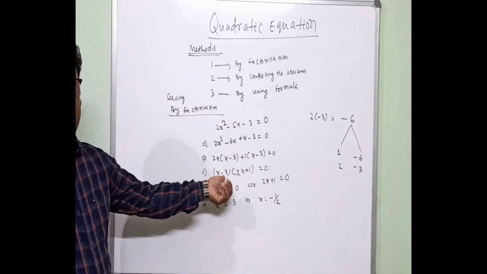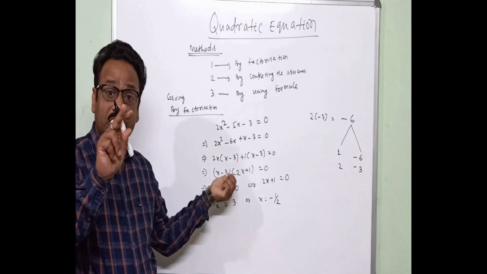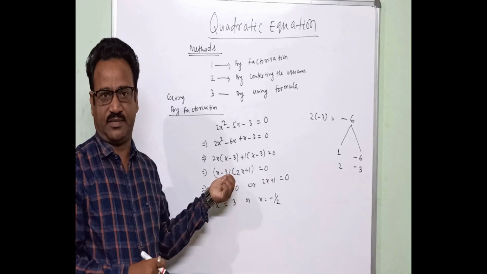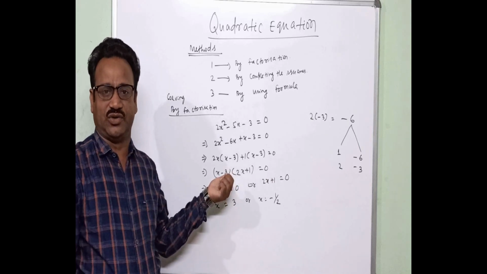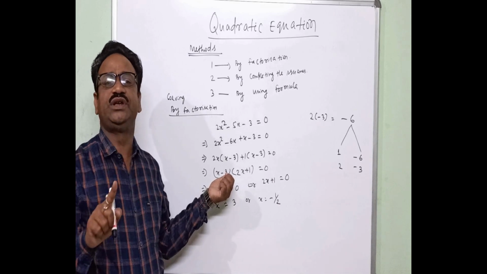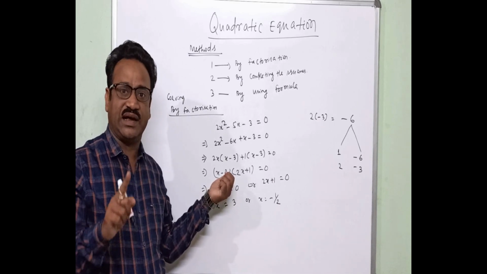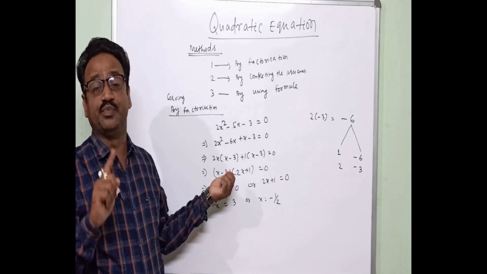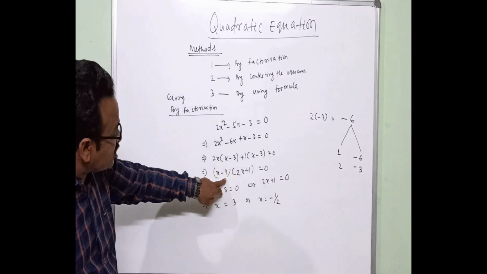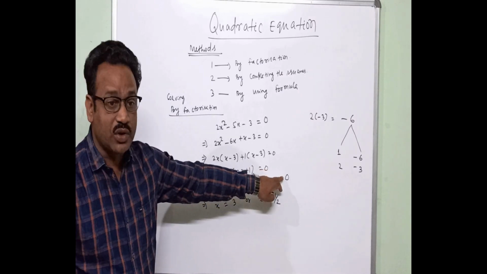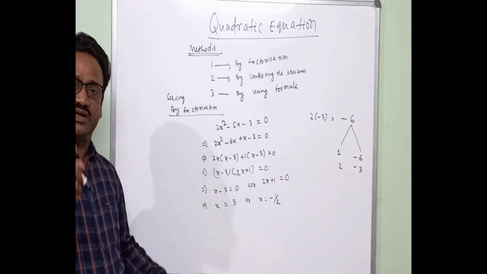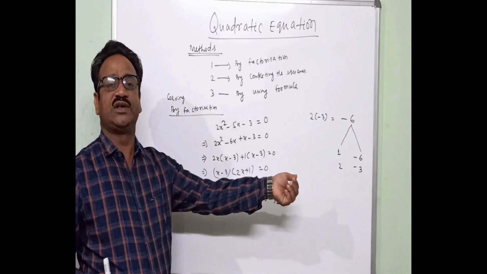Here is one thing. When the product of two numbers is 0, then any one of them is 0. Let's say a into b is equal to 0, then either a is 0 or b is 0. Thus, (x − 3)(2x + 1) = 0, then either x − 3 = 0 or 2x + 1 = 0.